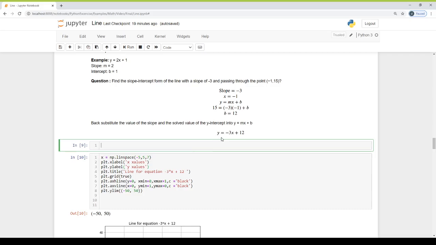Let's take this example and do it practically. First define the function f(x), the name of the function, with parameter x passed to it, and it returns the value minus 3 into x plus 12.